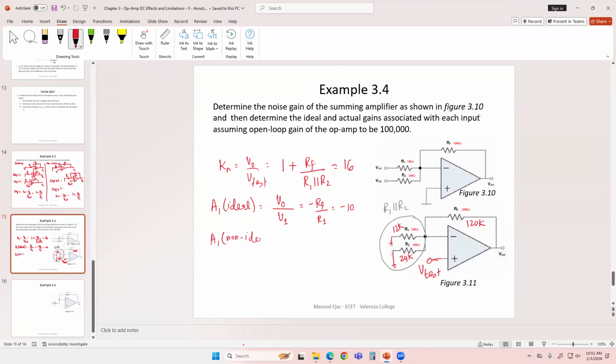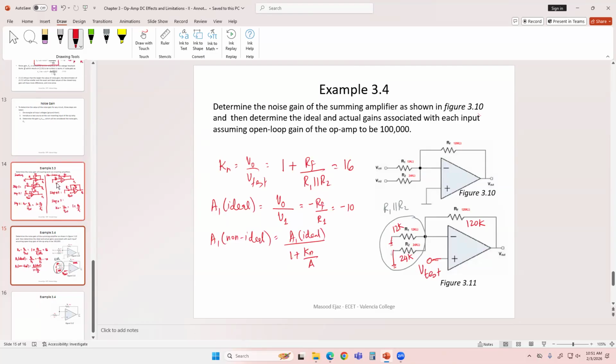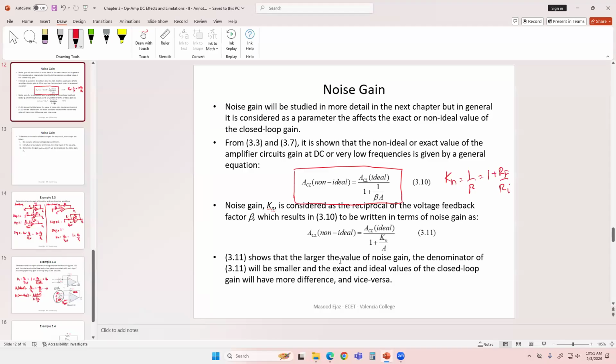A1 non-ideal is A1 ideal over 1 plus Kn over A, the expression that we discussed earlier.